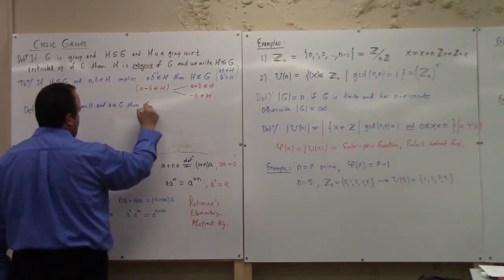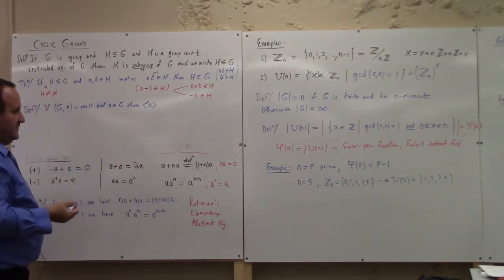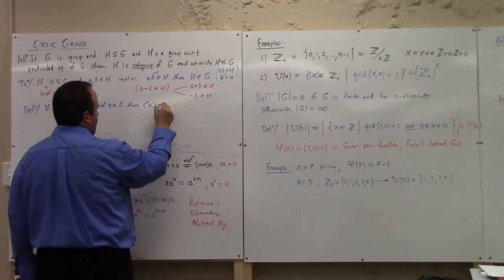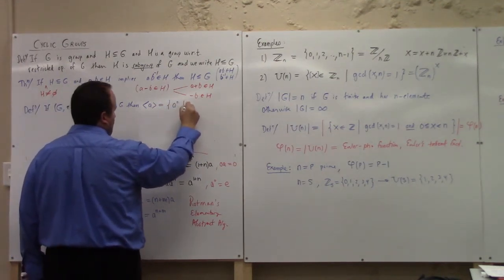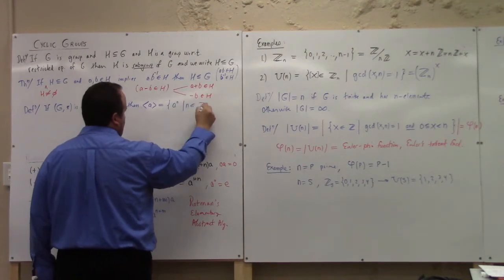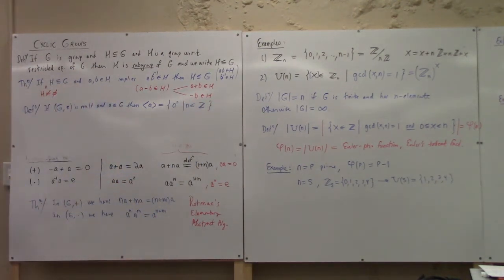Then this thing here, angle bracket A, is equal to A to the power n, such that n is an integer. So for a multiplicative group, the set generated by A is powers of A, both in the positive and negative sense.